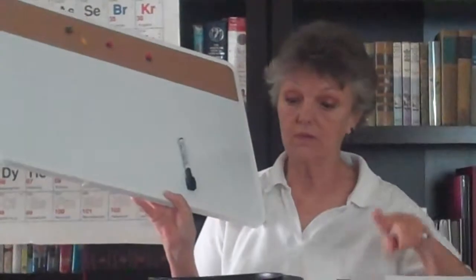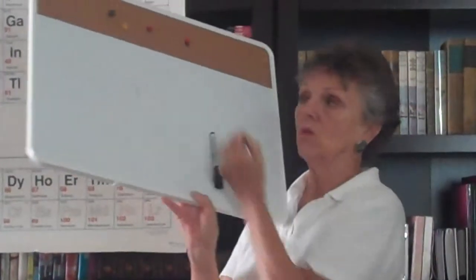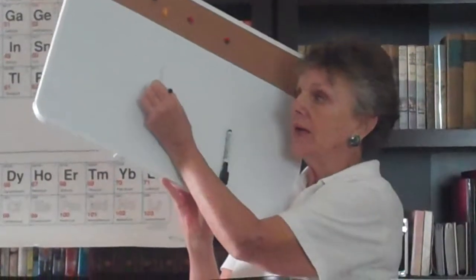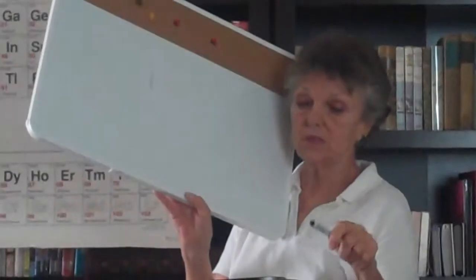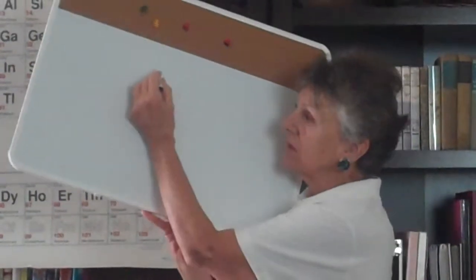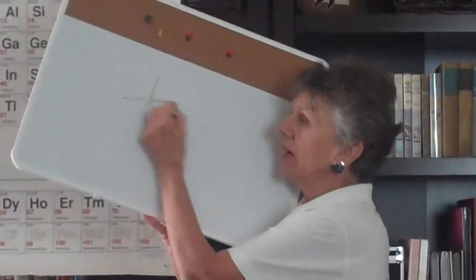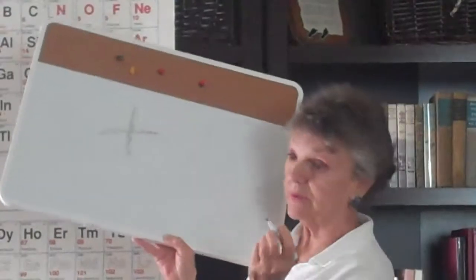If I have 1 proton, okay, 1 big plus, 1 proton, and then I end up with, this pen is not going to work very well. Let me see about this one. Might need to make them a little bit bigger. Okay, there we go. Okay, I have 1 proton. It's a very sloppy plus sign, but there it is.